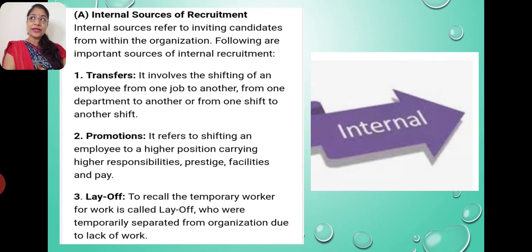Suppose one department is overstaffed and another is understaffed, so we can transfer the employee from the overstaffed department to the understaffed department. So it is a good source of filling the departmental vacancy of the understaffed department by the staff of the overstaffed one. Here it is horizontal movement. It is called transfer.